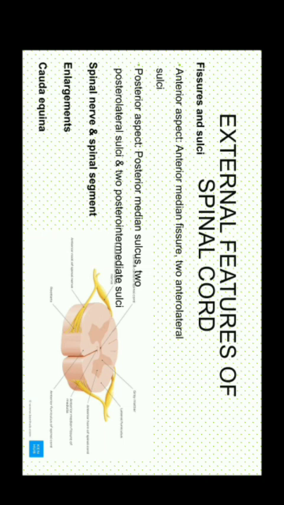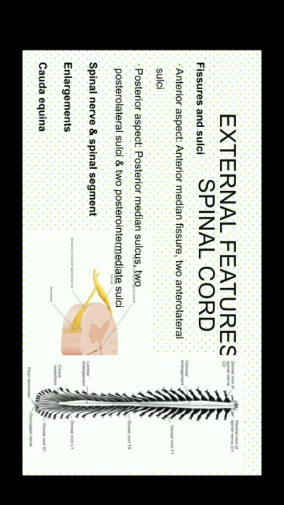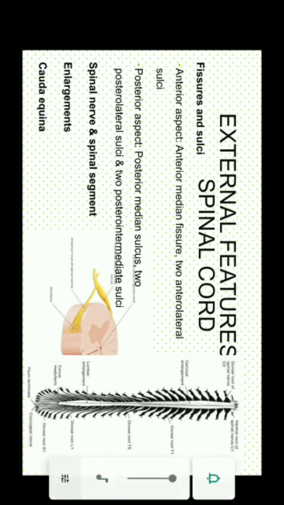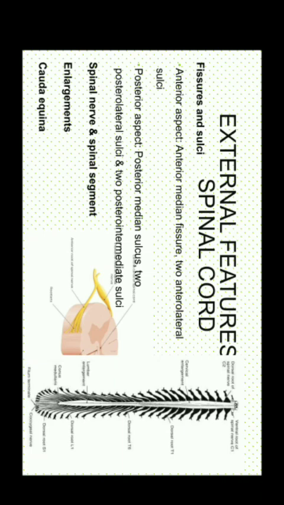If you see the entire spinal cord, it shows two enlargements, the cervical enlargement and the lumbar enlargement. Why do you expect enlargement in the spinal cord? Why is it not cylindrical and of the same width throughout? It indicates more nerve cells there, or more fibers around there.